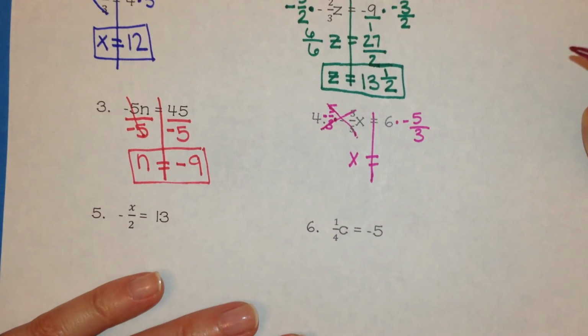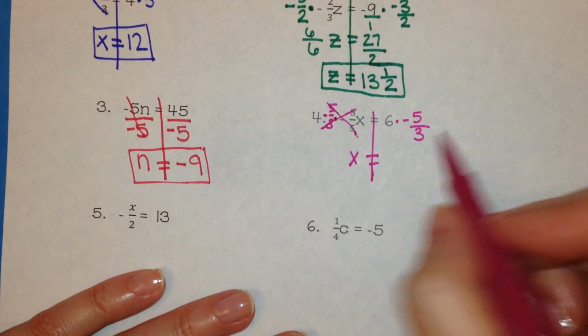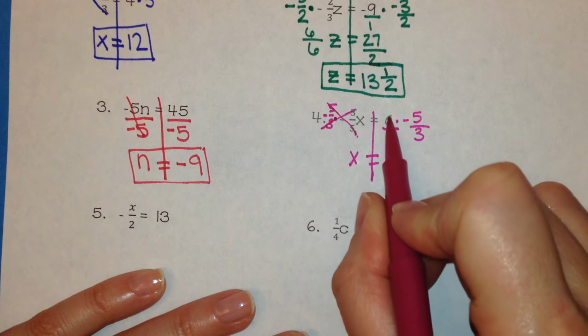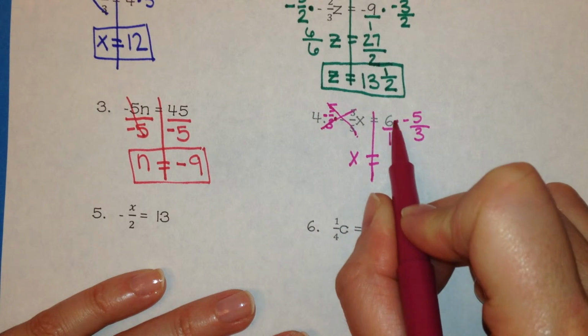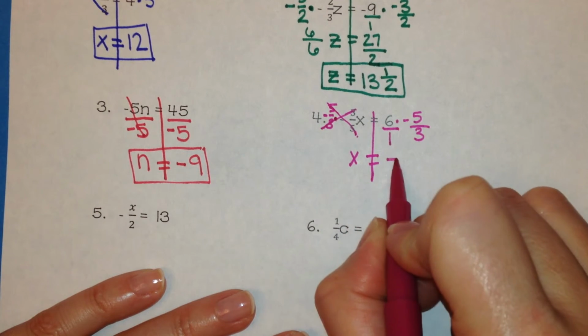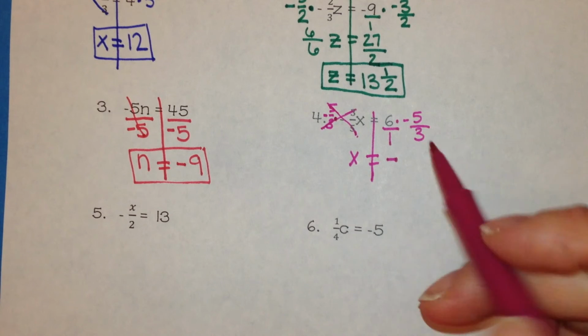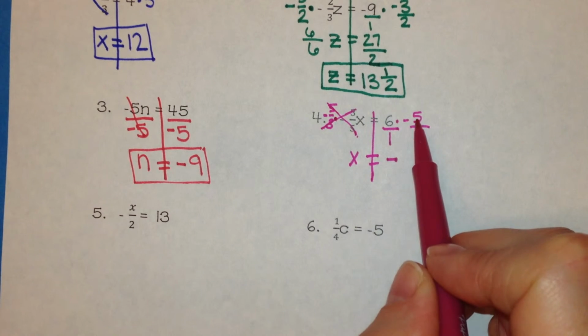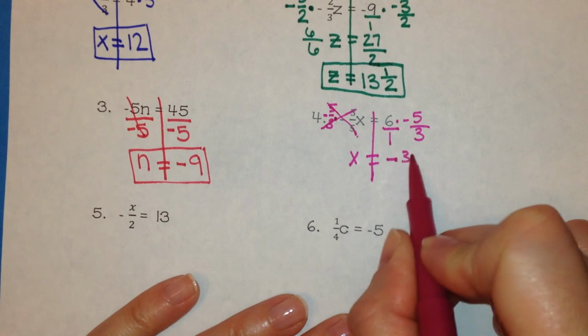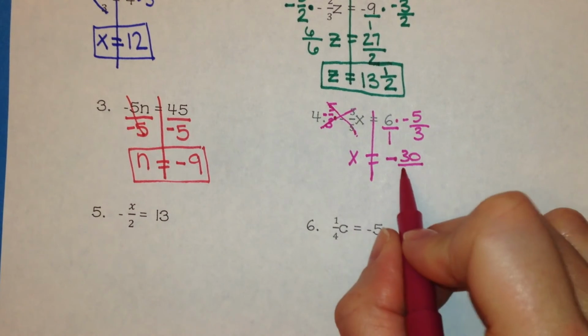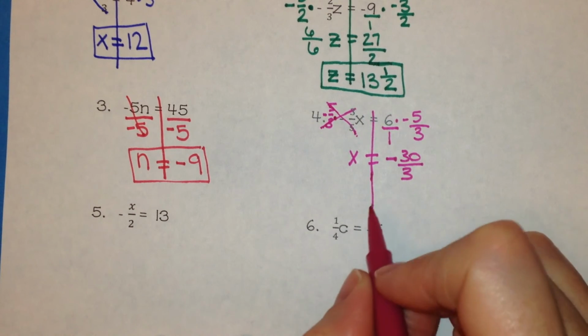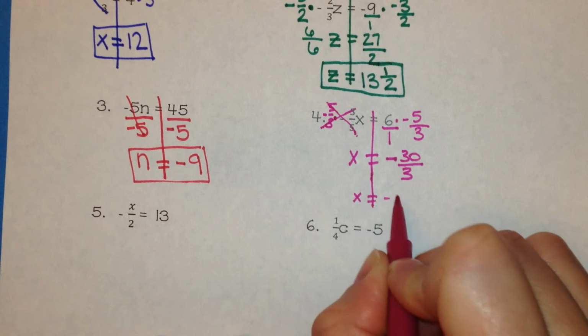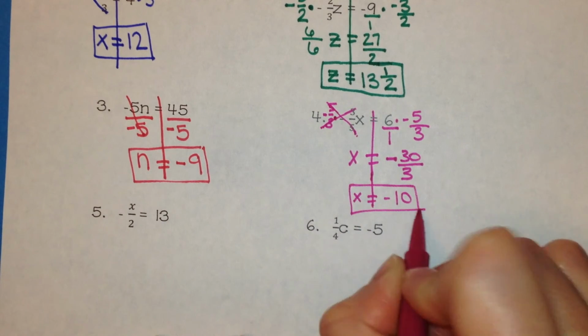So I'm left with my 1x. So I can cross simplify. Over makes 6 over 1. I know a positive times a negative will be a negative. All right, so I have 6 times 5 is 30 over 1 times 3 is 3. So I can reduce this to x equals negative 10.